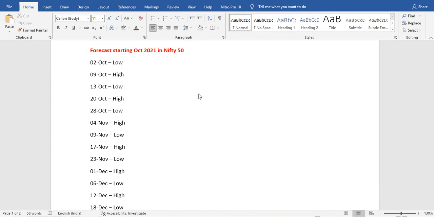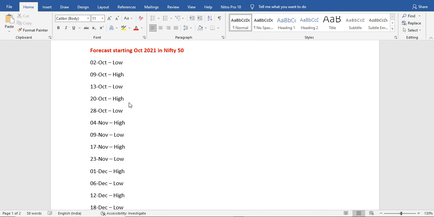One thing you can notice in this forecast is that all these pivots go from low to high, high to low, then low to high, and high to low. And this sequence is never ever broken.